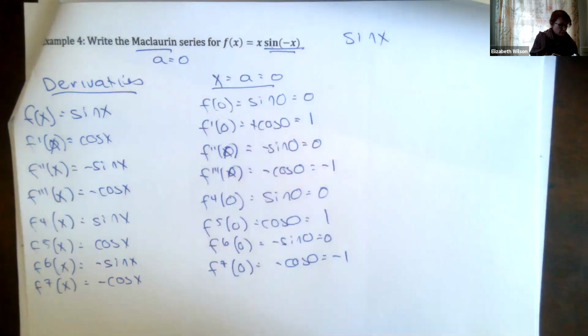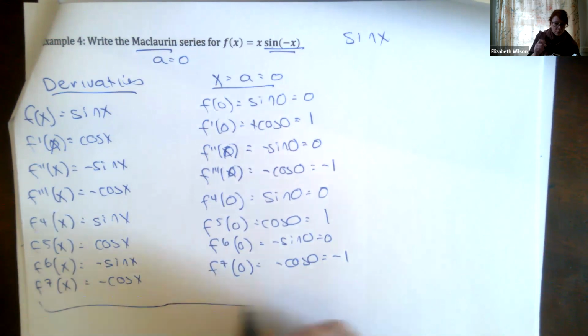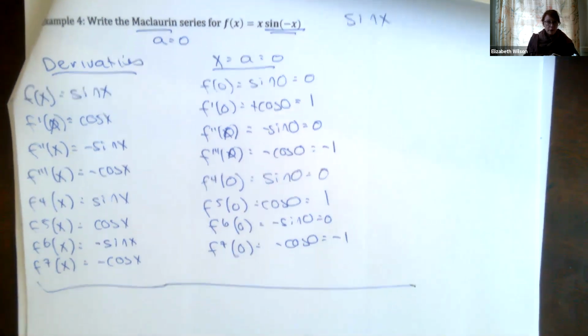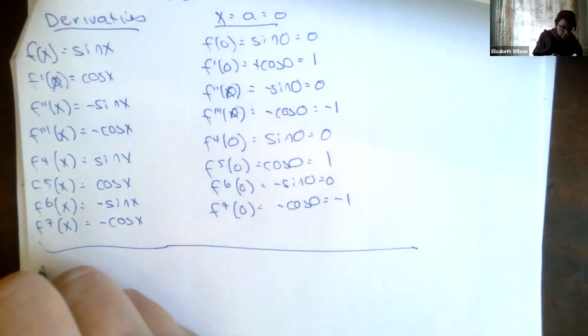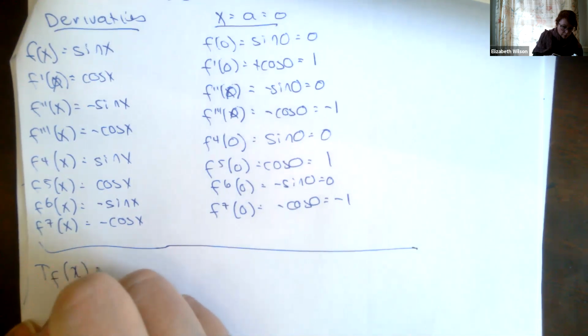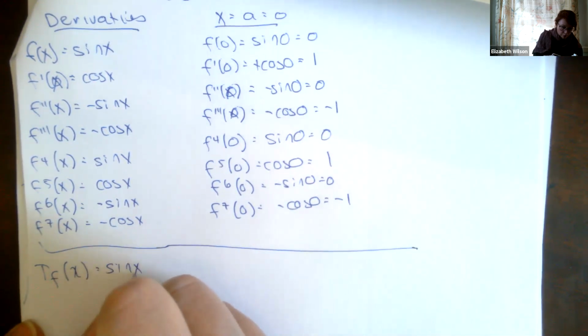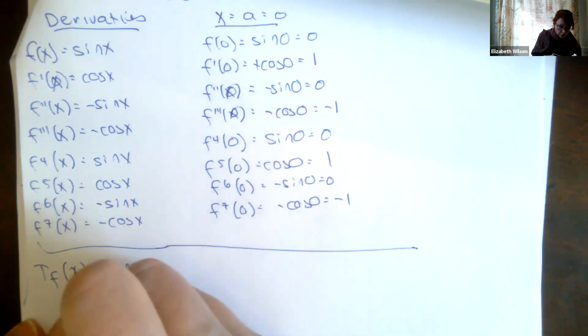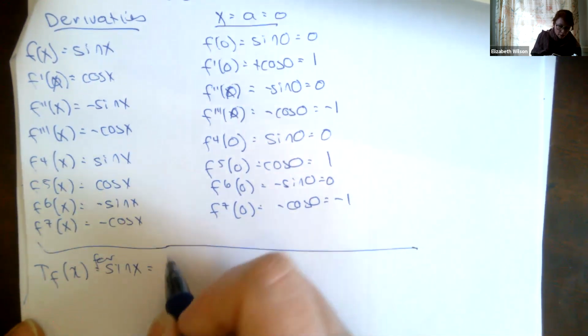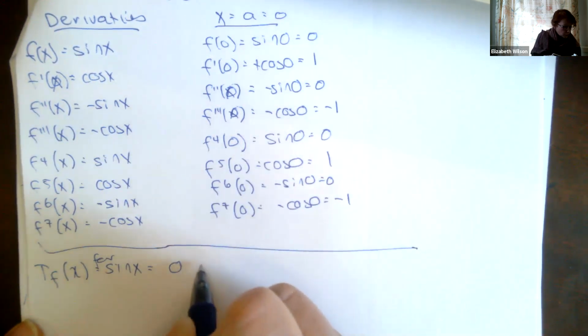Okay, so this gives us our coefficients, right? So for our sine function, I'm going to use this to help me plug it in. For sine of x equals, I'm going to go 0 plus.